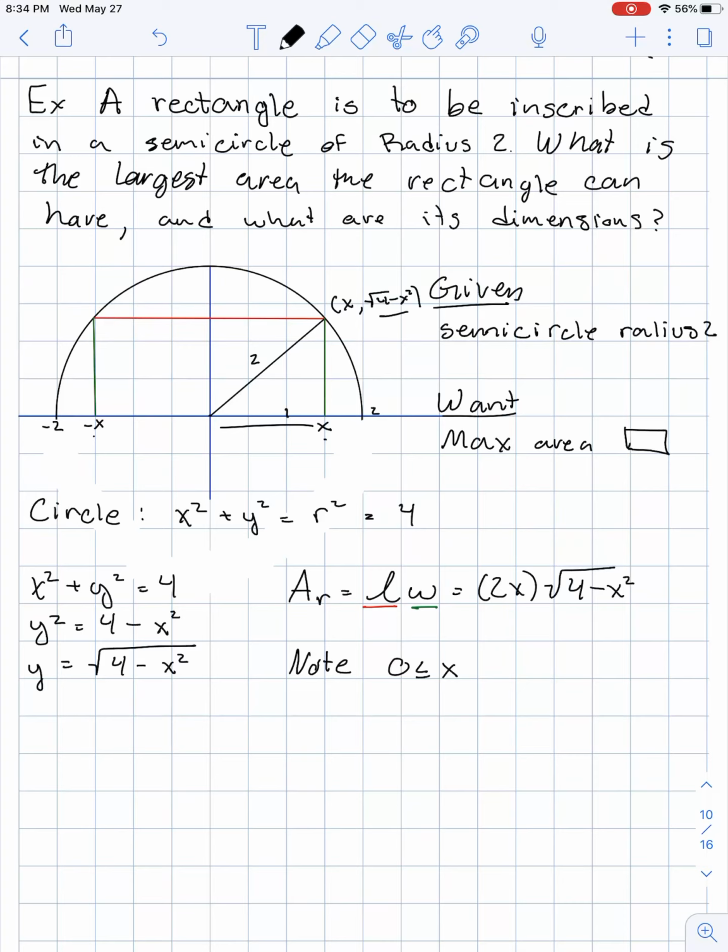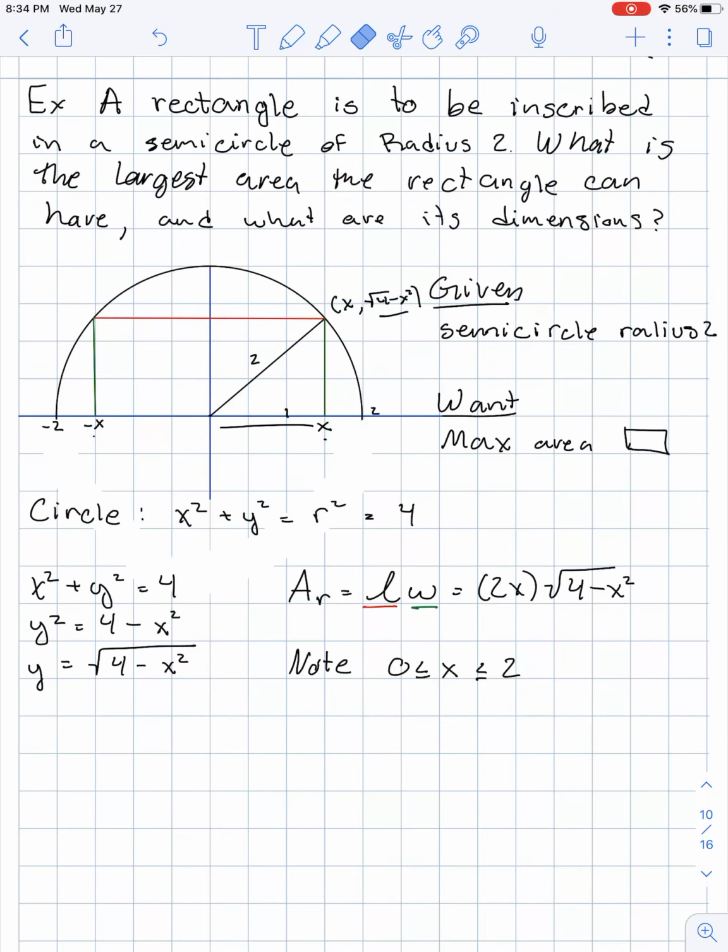If I make it a negative number, well, negative x is still going to go onto the other side. It would be a little redundant to make it negative. And the biggest that x can be, just by looking at the square root right here, the largest that it can be without putting a negative under that radical is 2. Also, it's inscribed in this semicircle, so I can't go past. x can't be larger than 2.